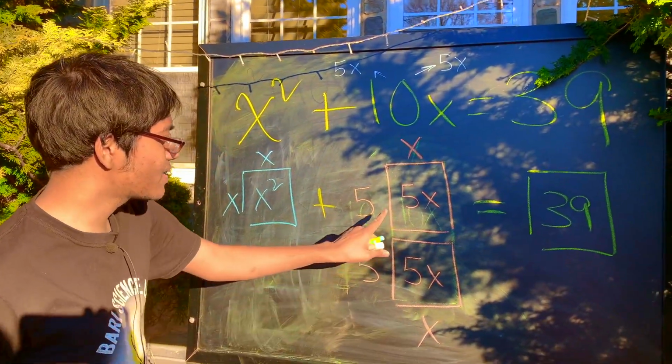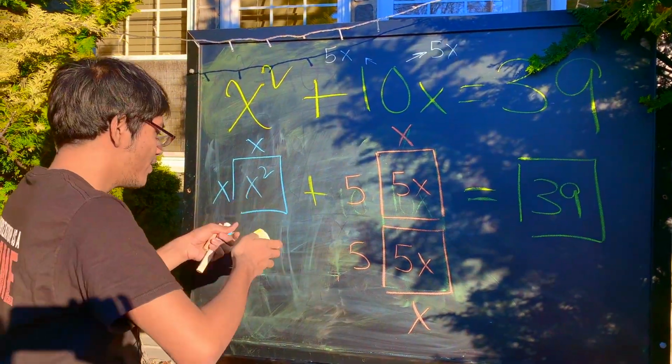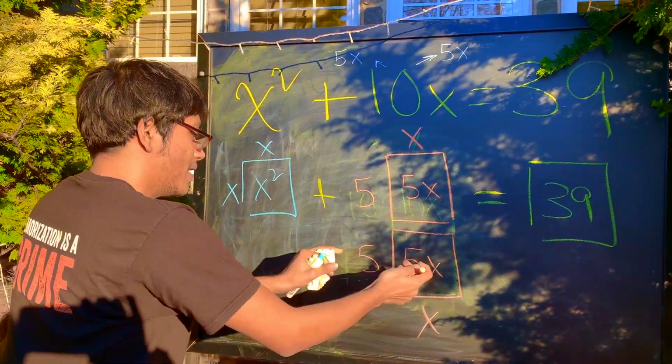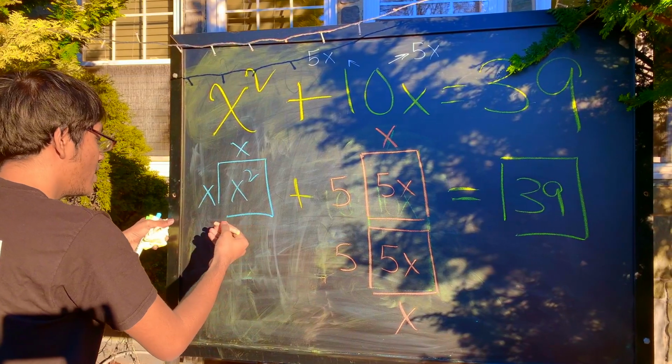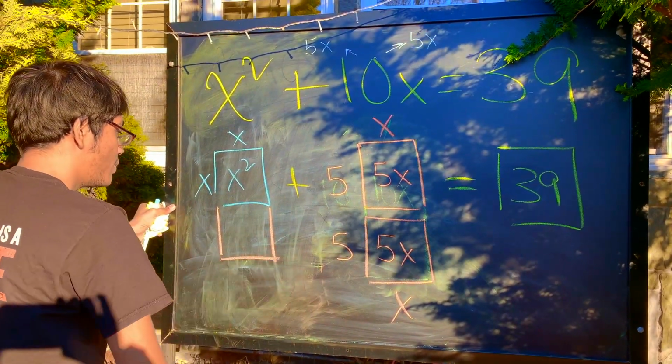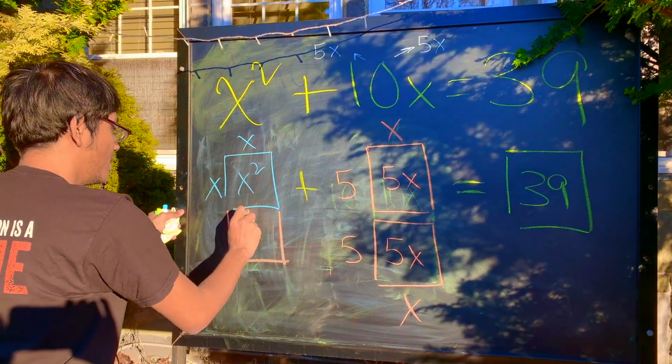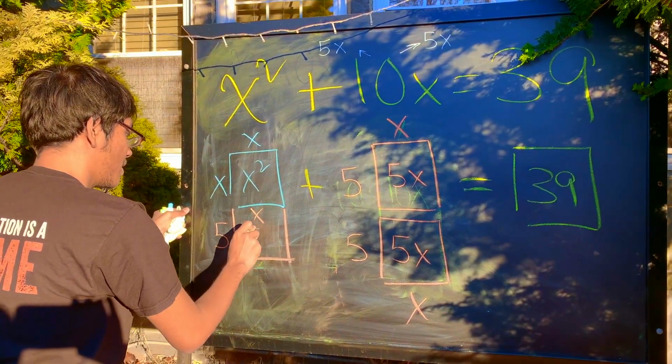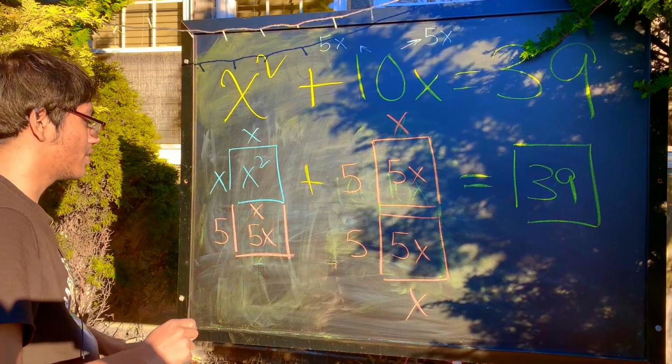Well, I can take this 5x and attach it onto this square right here. I can take this 5x and bring it over to this x squared over here. So take this 5x, bring it over, attach it to this square. Okay, so I'm left with a rectangle of area 5x.